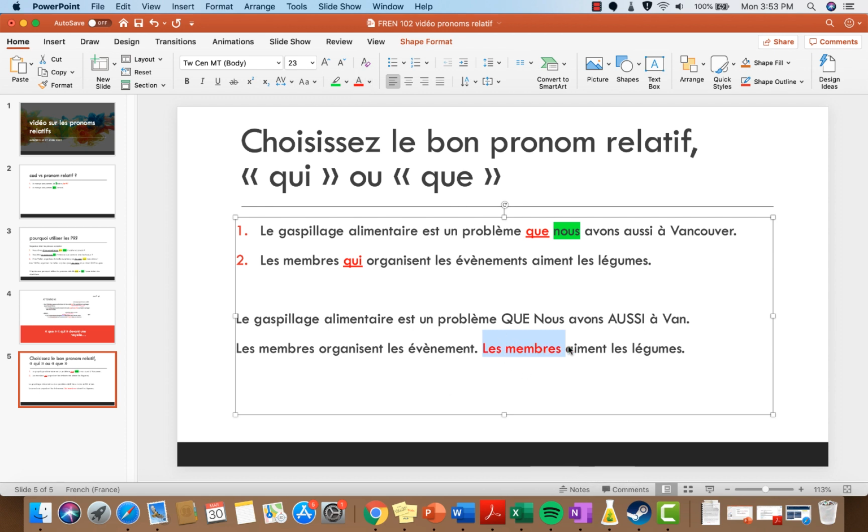So that's why if you want to take it out, you're going to be using qui. Okay? It's pretty simple. All you have to do is step 1, look at your second sentence. If it does not have a subject, you go with qui, right? Think of qui as who. If your sentence already has a subject, that means you're missing a complement, which is why you're going to be using que. Okay? Hopefully that's simple again.